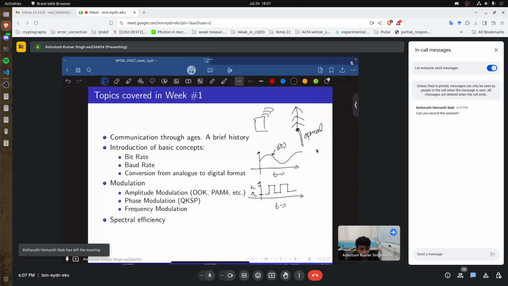Now this is just for representation purposes to show that we have an analog signal which has to be sampled into digital, which is processed later on our computers.